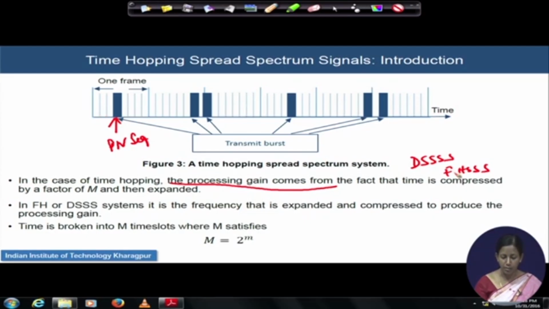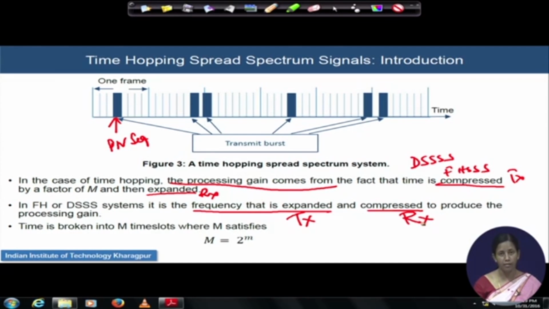But in the other two cases, the frequency is expanded first and then compressed in the receiver. So, process-wise it is completely opposite. You are playing with time, first compressing it in the transmitter and then expanding it in the receiver, whereas in the frequency hopping and direct sequence cases, you are playing with frequency: you first expand the frequency by spreading in the transmitter and then compress it in the receiver to get the gain.